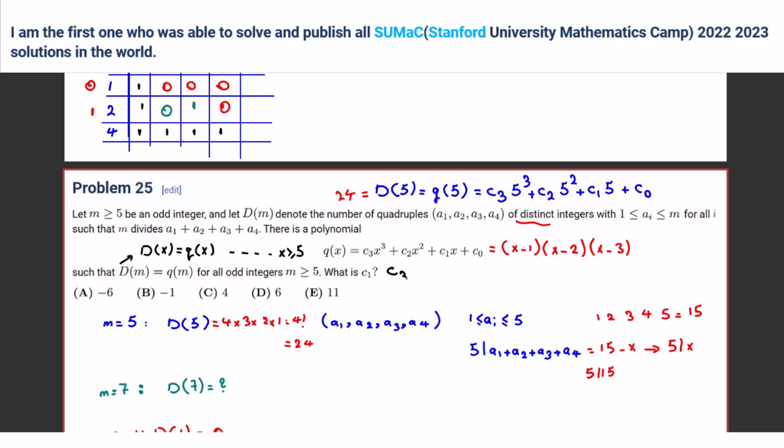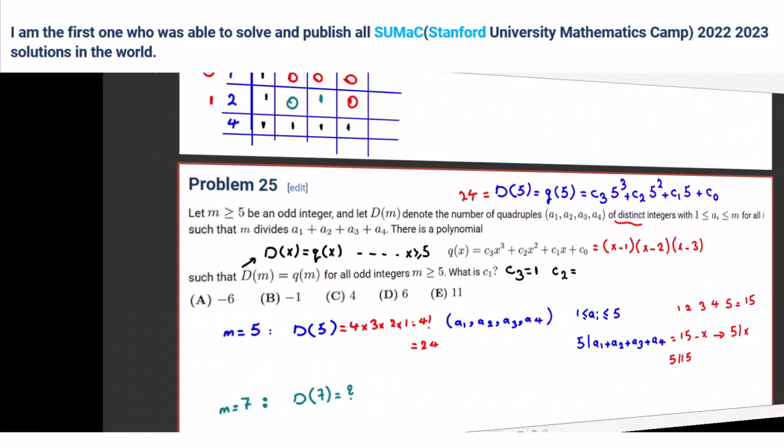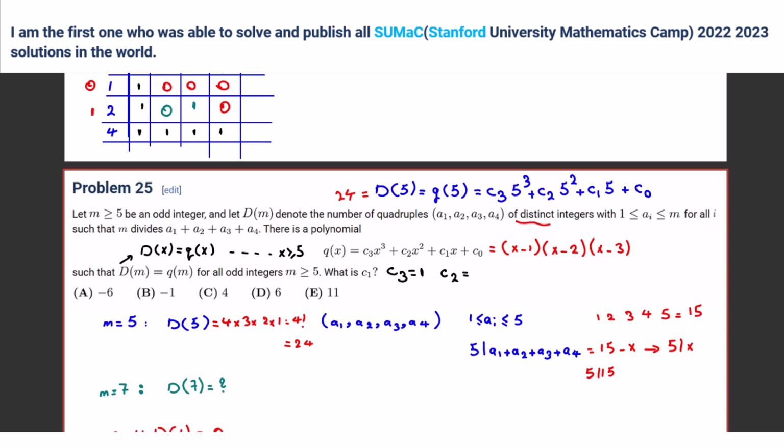So we can easily find all Ci. C3 is what? 1. C2 is what? Negative 3 plus 2 plus 6 plus 3 is what? 11.